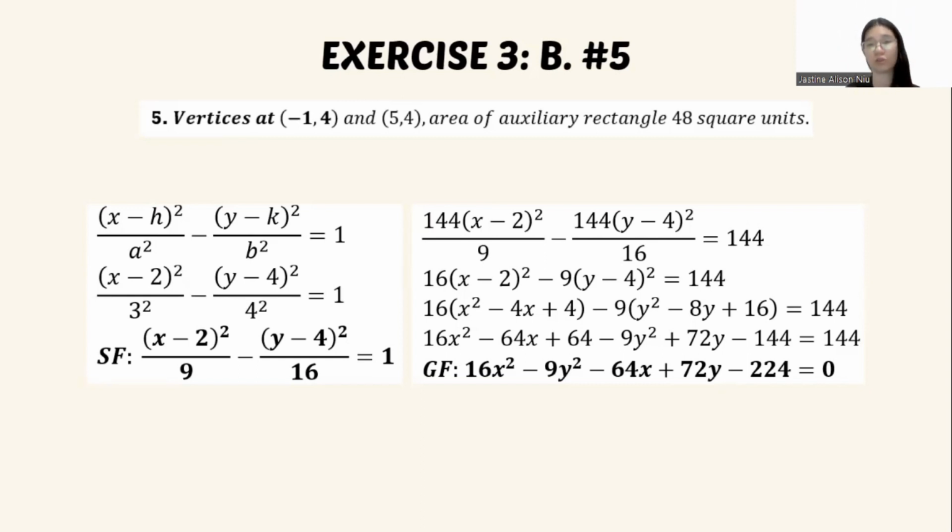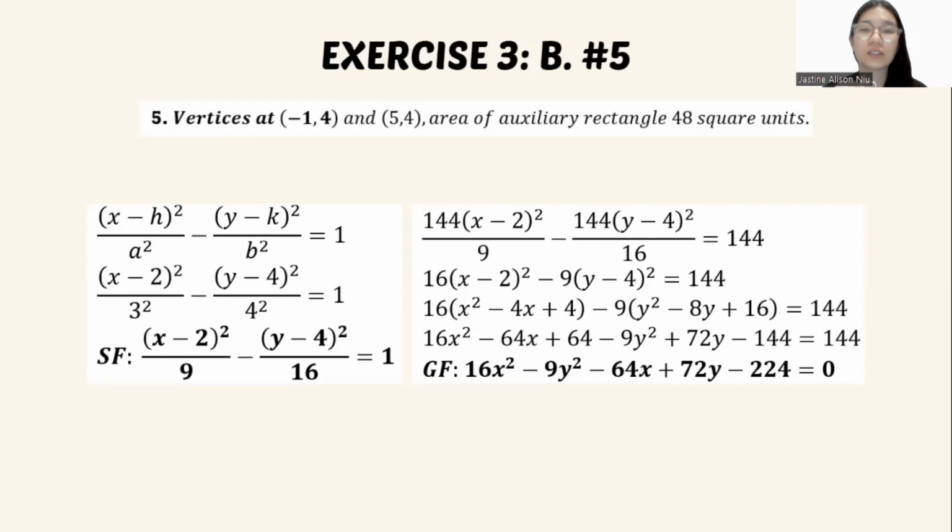Then to find the general form, we are just going to simplify the standard form. It will be 144 times x minus 2 squared over 9 minus 144 times y minus 4 squared over 16 equals 144. Then we simplify it.